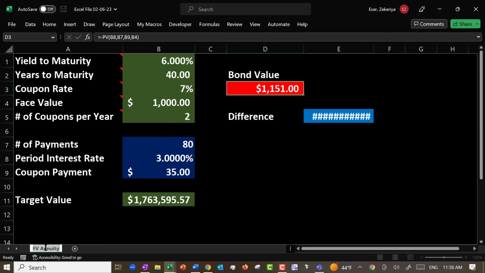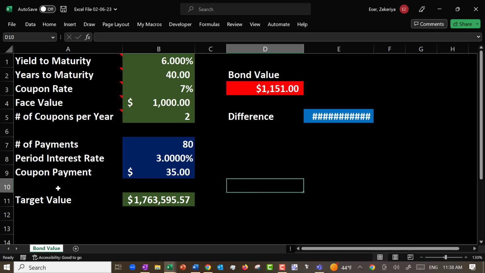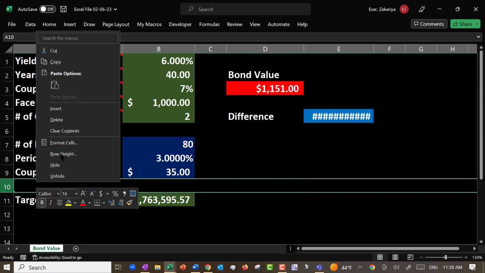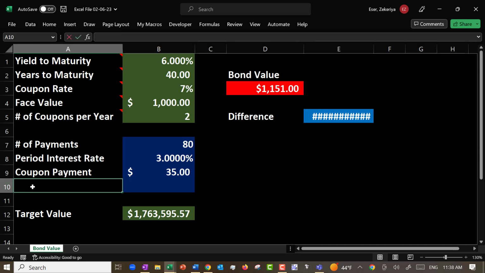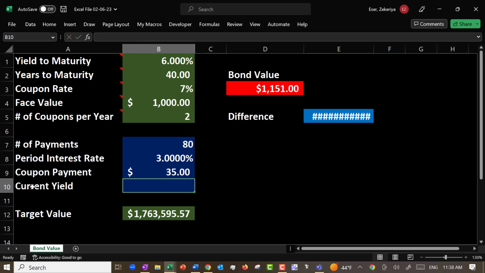Now I'm going to add one more calculated number here. And we're going to call this current yield. Not that it is a number that's too interesting. Let's define what it is first.